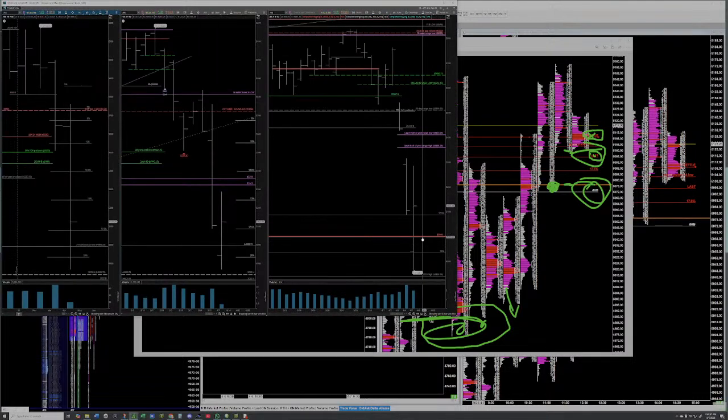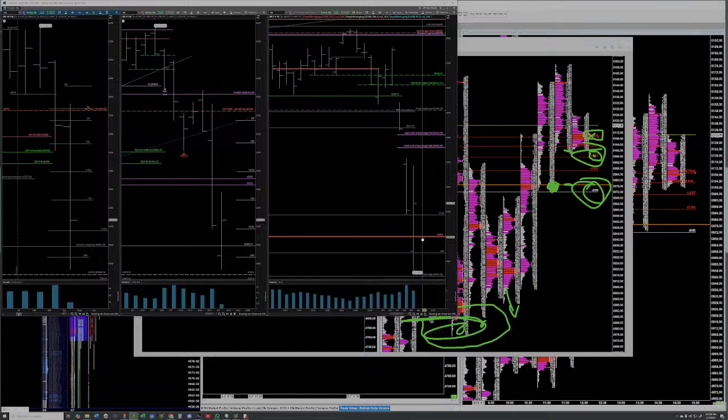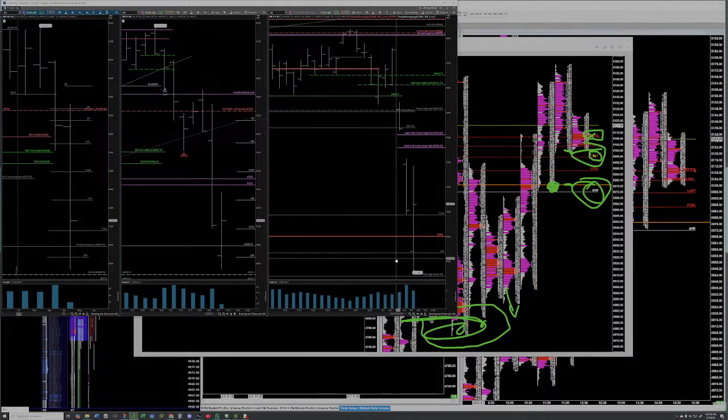Can you see how two very opposite ideas can be right at the same time? Two conflicting thoughts. You must be able to have two conflicting thoughts living in your brain. How is that possible? Well, that's how this business is. If you are not able to do that, you will have some difficulties navigating these markets. That's something we have to learn.